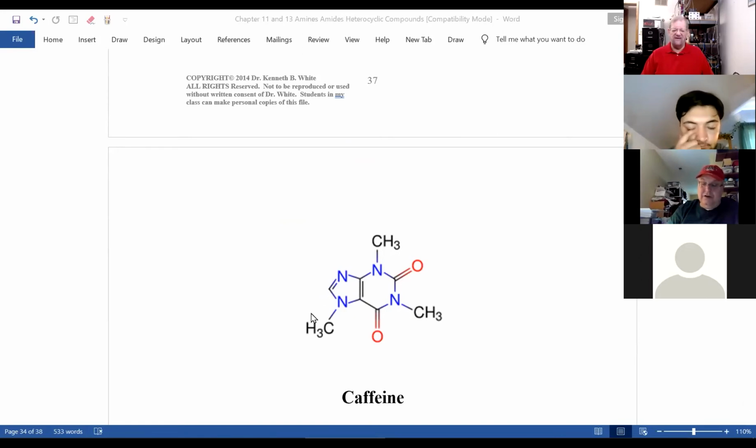Notice you have the heterocyclic ring on this nitrogen, this nitrogen, this nitrogen. You have methyl groups. And if you've ever been addicted to caffeine, and I was when I was younger, when you withdraw from that, you go through withdrawal symptoms. You can get addicted to that like anything else. At one time in my life, I used to drink a lot of Dr Pepper and Coke.